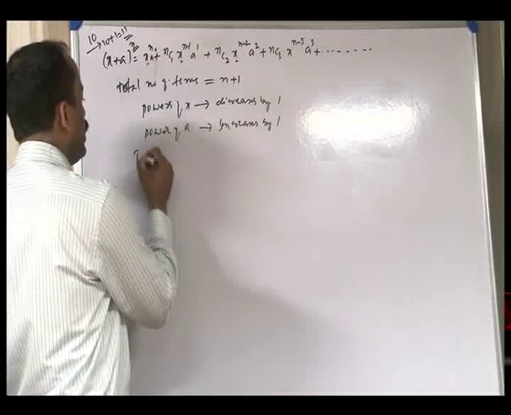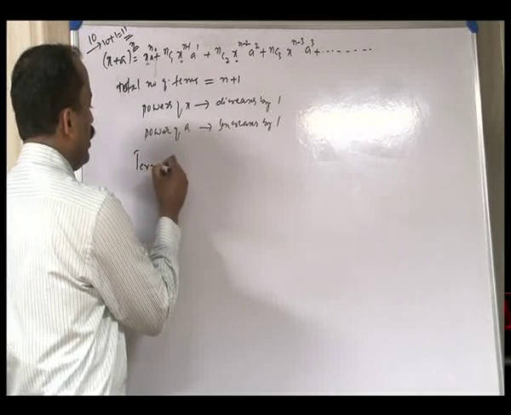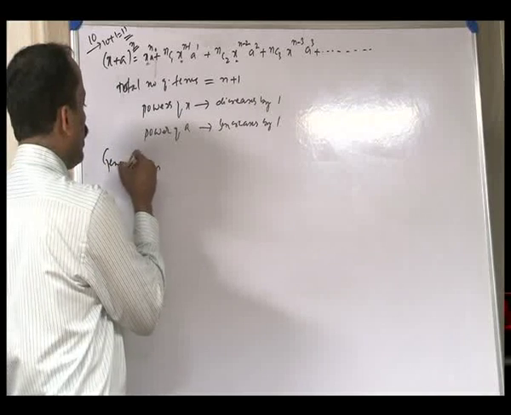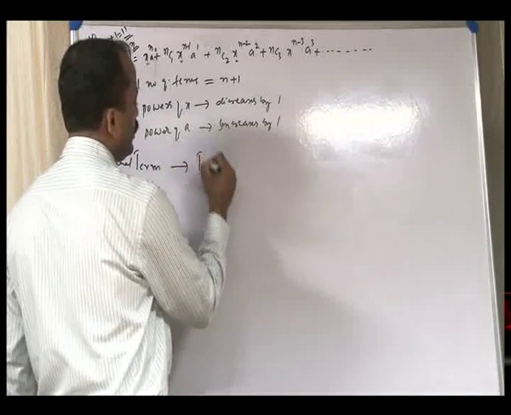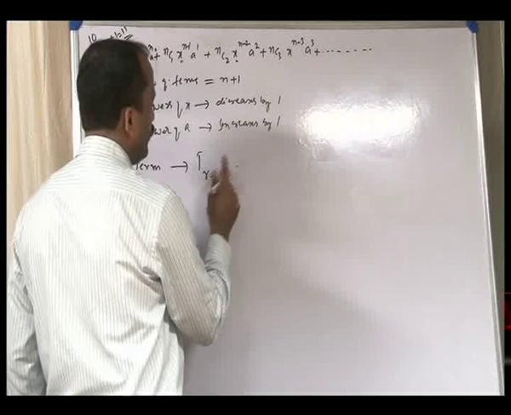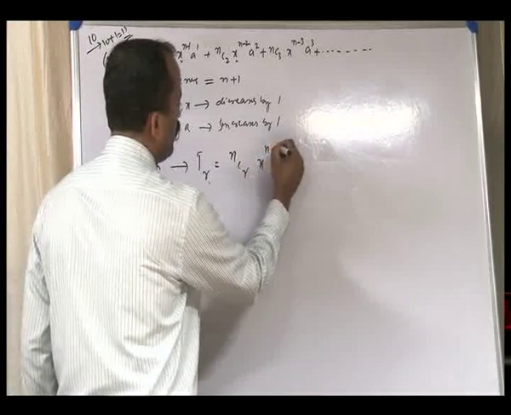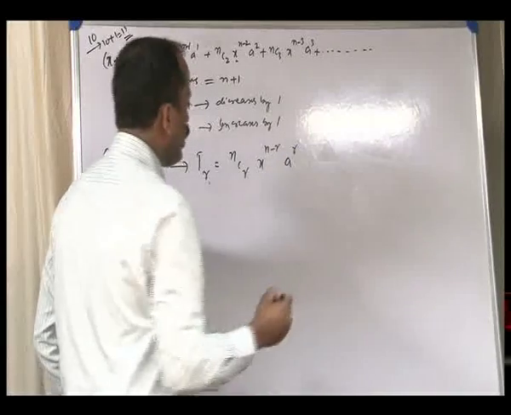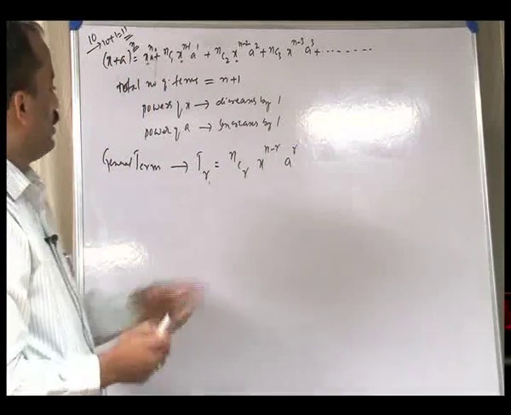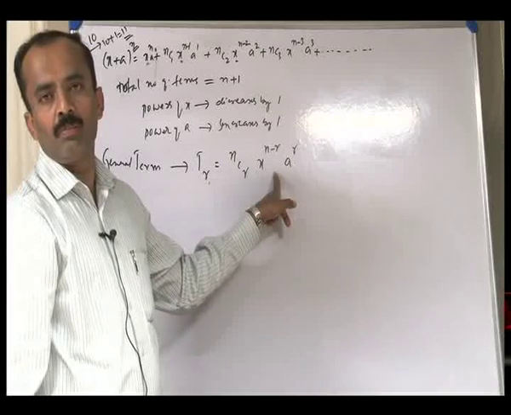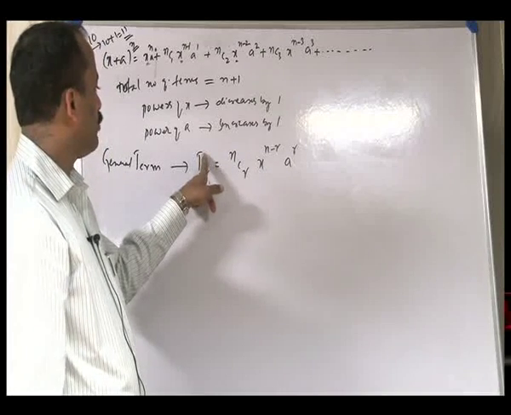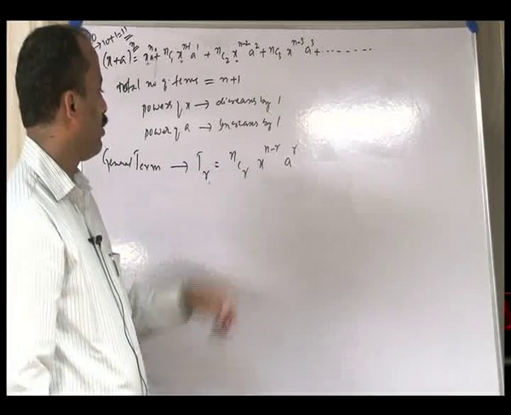Also there is a term called the general term. The general term in the expansion, that is Tr, is equal to nCr x^(n-r) a^r. This is called the general term in the expansion.